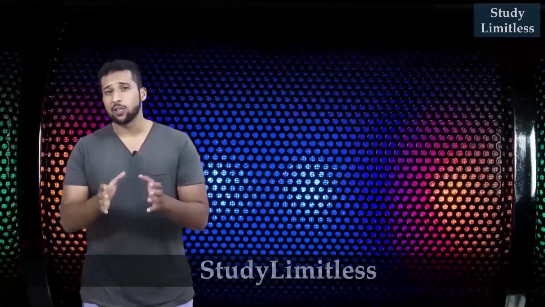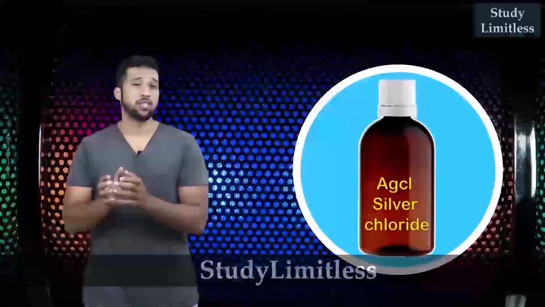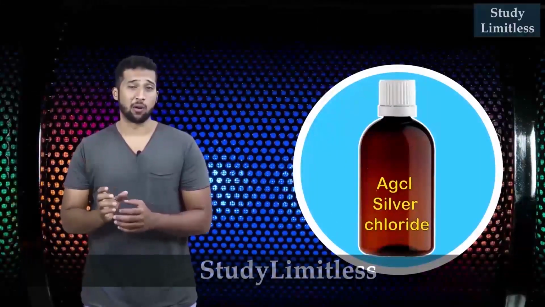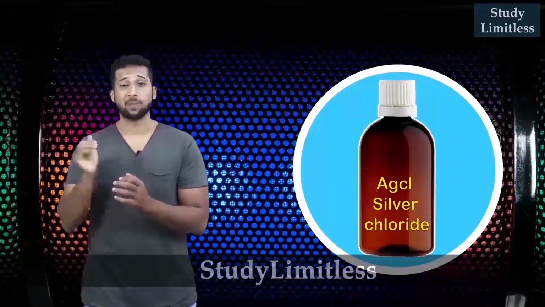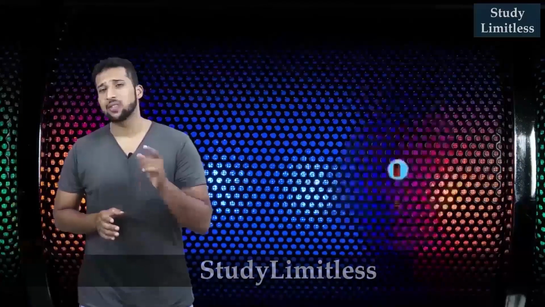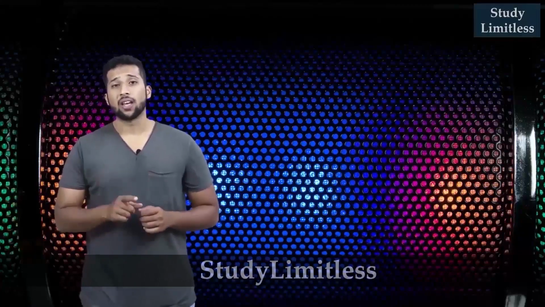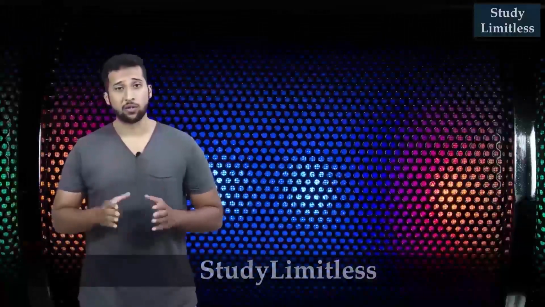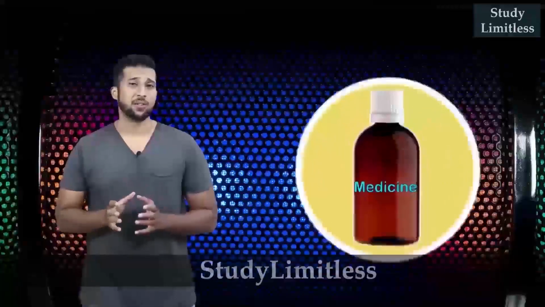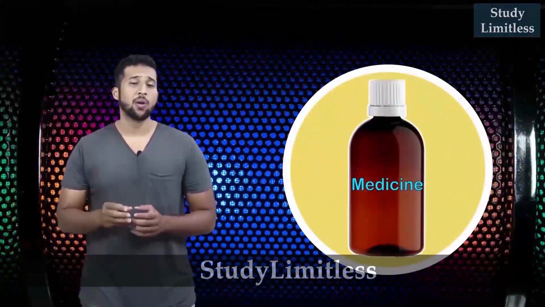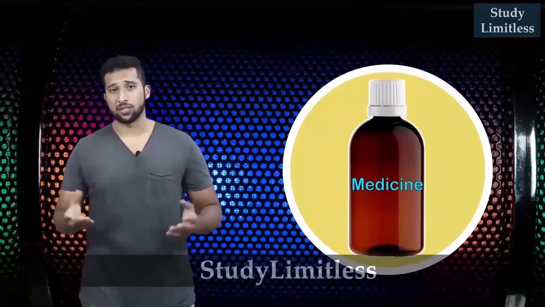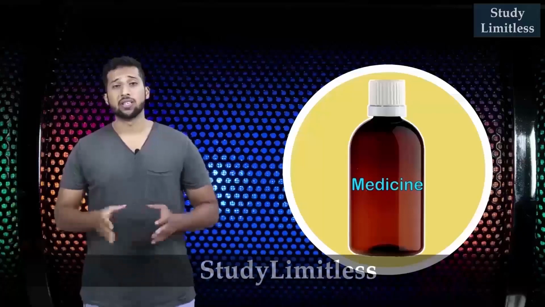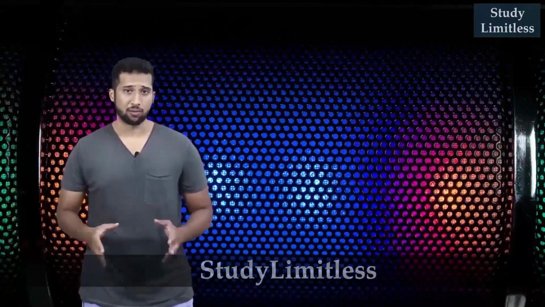That is the reason you might have noticed in a lab that silver chloride is stored in a colored bottle which does not let light pass through. And this is also the same reason why you might have noticed when you go to a medical store that there are some medicines which are kept in bottles which would not let light pass through. So this is about decomposition reaction.